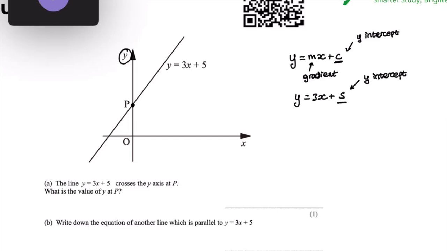So it crosses at 5, and the y value is just going to be 5. That's what the number at the end tells you, the coordinate at which it crosses the y-axis.